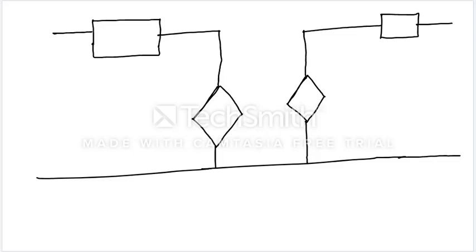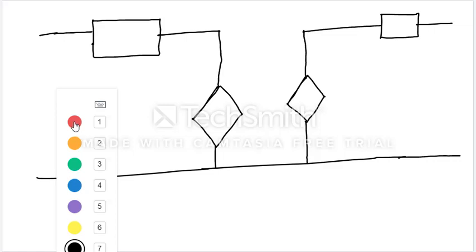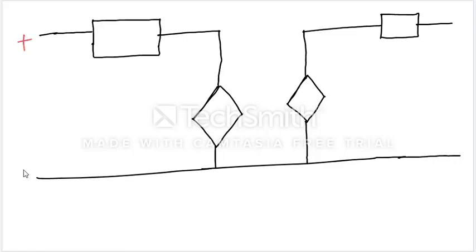So this is how we should develop it here. This is my port 1, and I can say this voltage is V1 and this current is I1, and here this is the second port, I can call this V2, and this current I2.